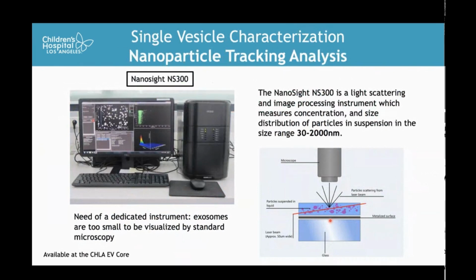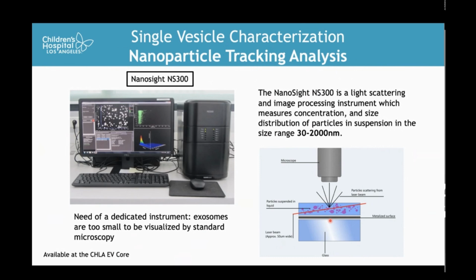An important technique for single vesicle characterization is nanoparticle tracking analysis. This is the first instrument that we had at the core. This is a dedicated instrument that allows the visualization of exosomes, which are too small to be visualized by standard microscopy.